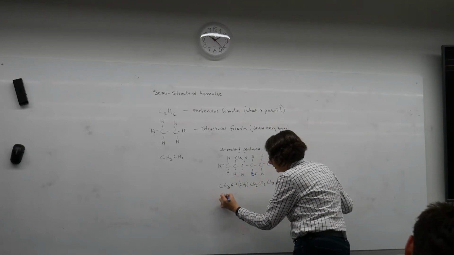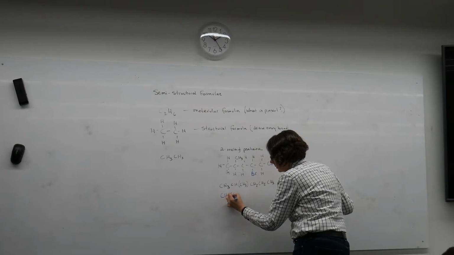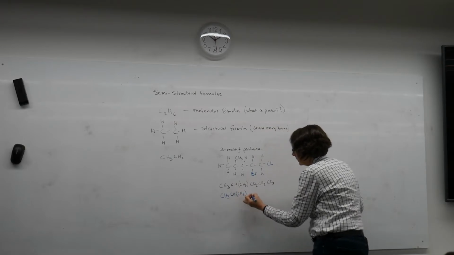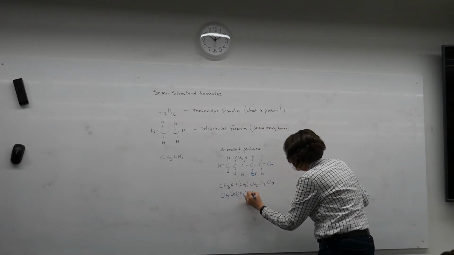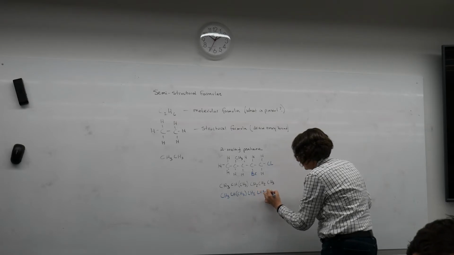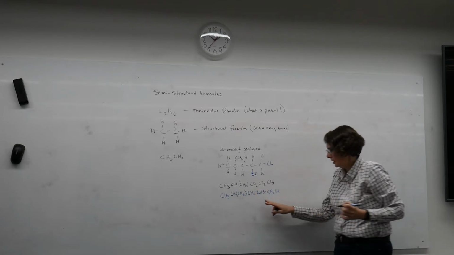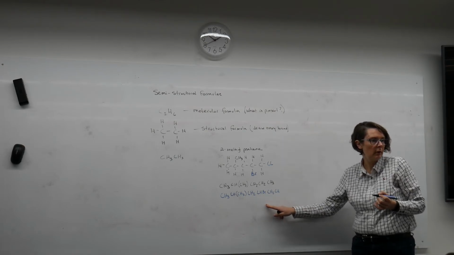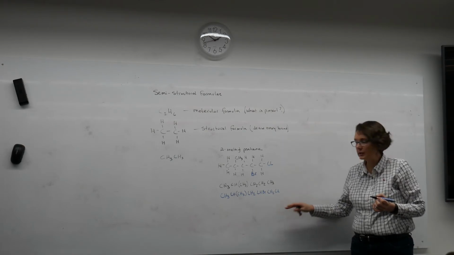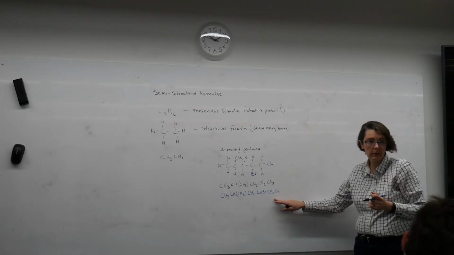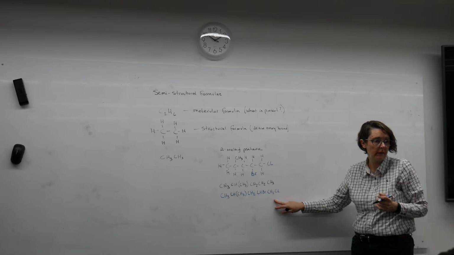Then this part's the same. But now I've got to write in the bromo and the chloro to say that this one is on the 4th and this one's on the 5th carbon in the chain.